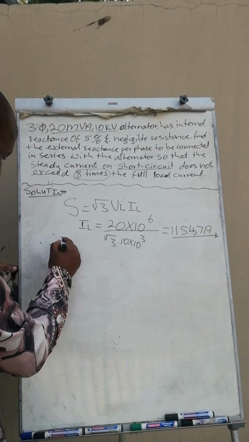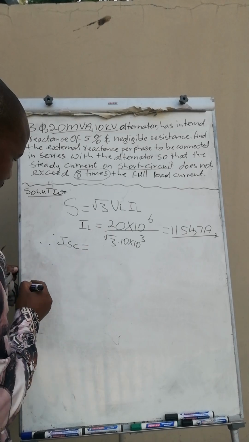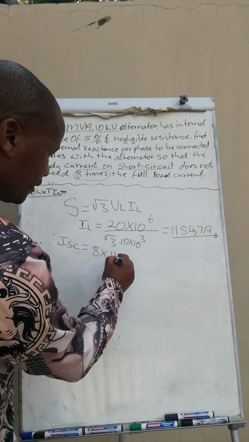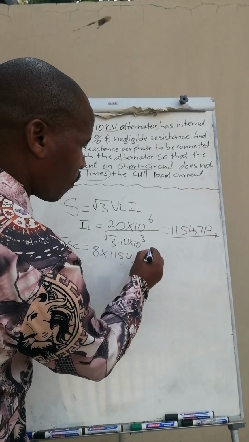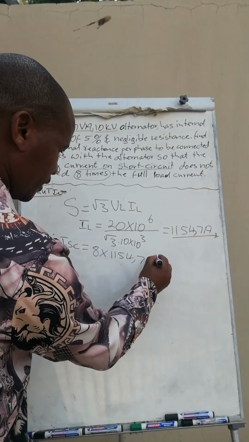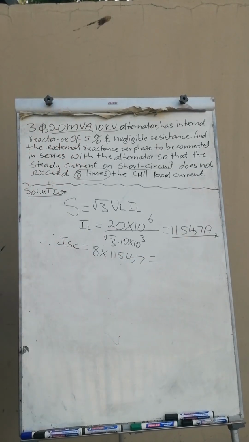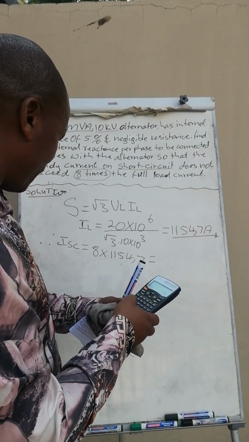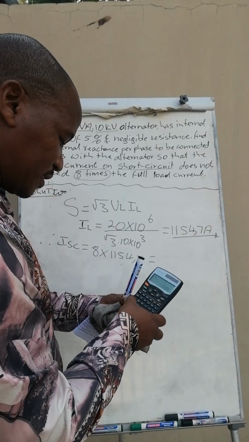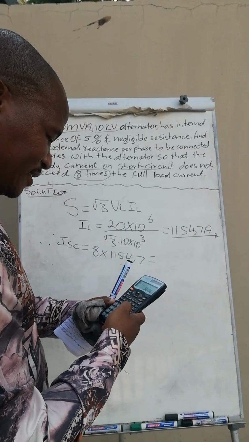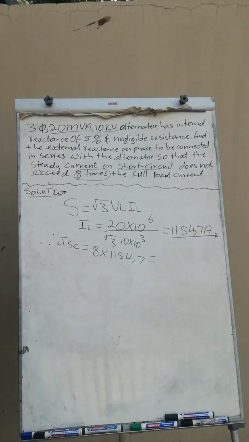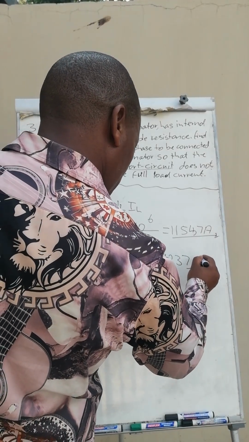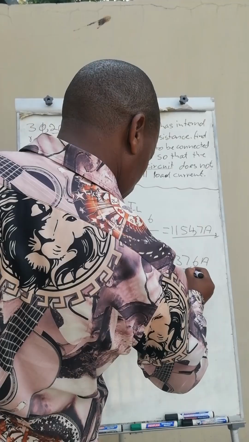Therefore, the short circuit current is equal to 8 multiplied by 1154.7, which is 9237.6 amps.